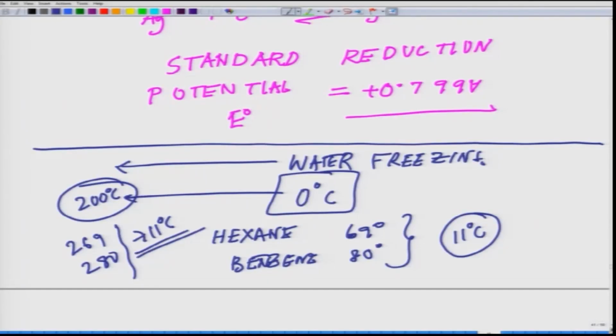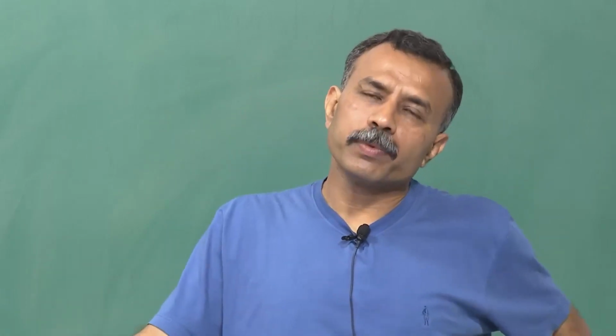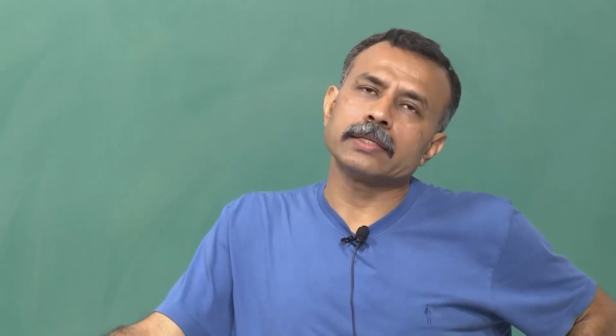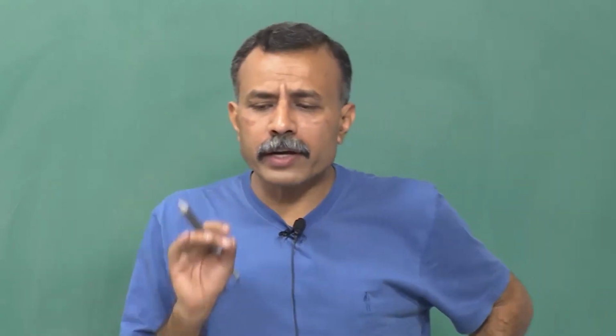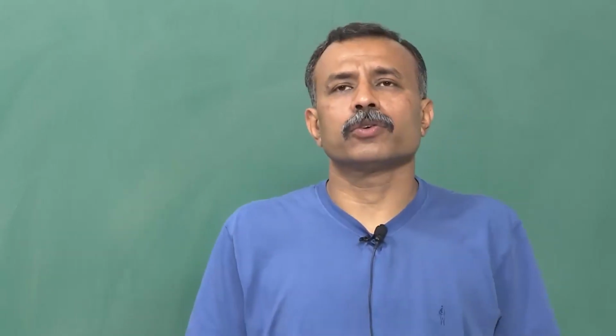So in other words, what I wanted to highlight through this analogy is you can always develop other kinds of simple references as long as you calibrate your reference electrode with a standard hydrogen electrode.